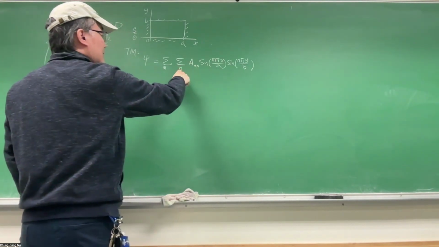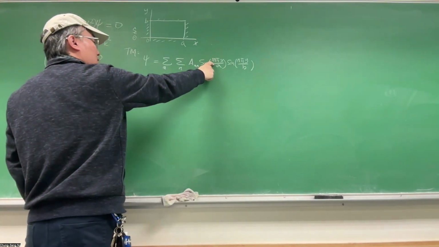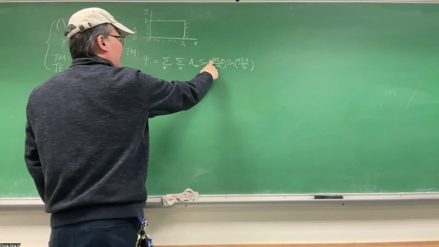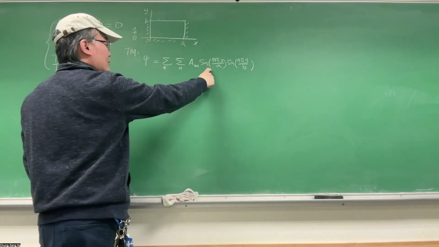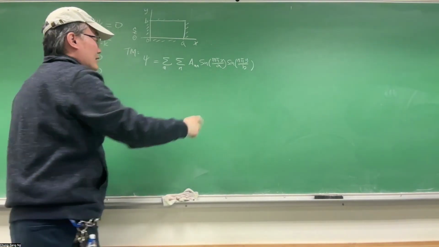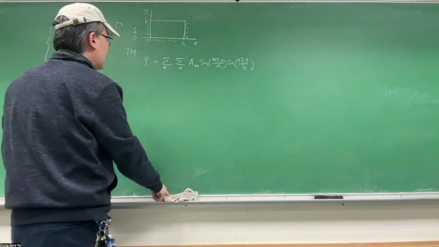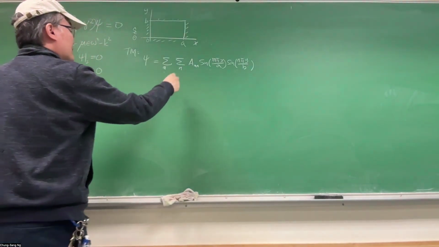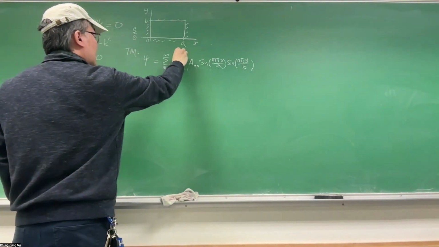Likewise, you sum over n integers, but you don't include 0. If m and n are 0, then the sine is totally 0 and psi is 0, then everything is 0. That's just a trivial solution. So m is 1 to infinity, n is 1 to infinity.